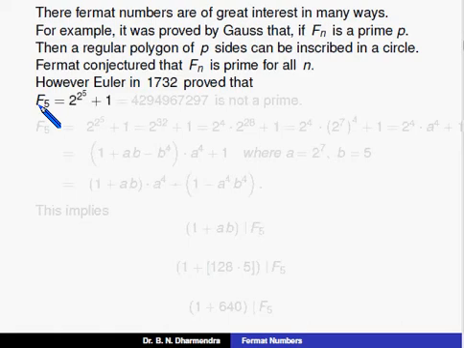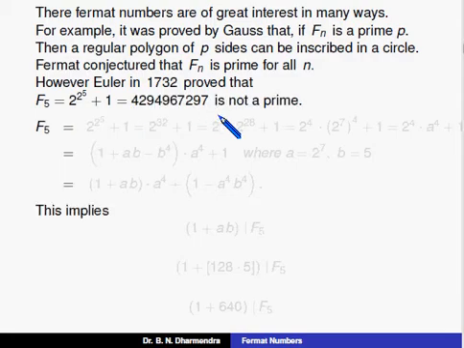So we know the value of F5, that is 2 to the power of 2 to the power of 5 plus 1. But observe this number is not a prime, because F5 can be written as 2 to the power of 2 to the power of 5 plus 1, or 2 to the power of 32 plus 1.